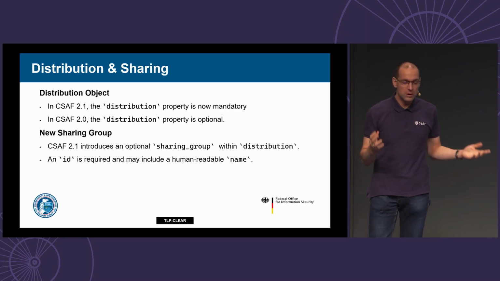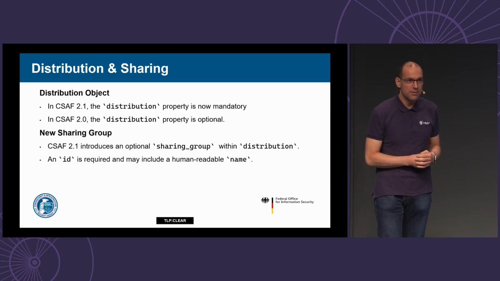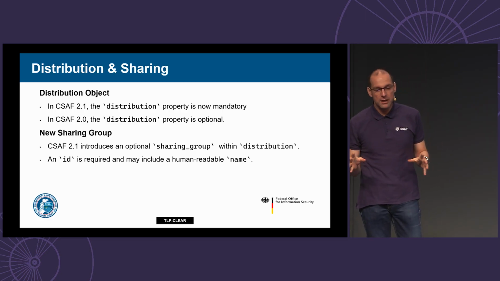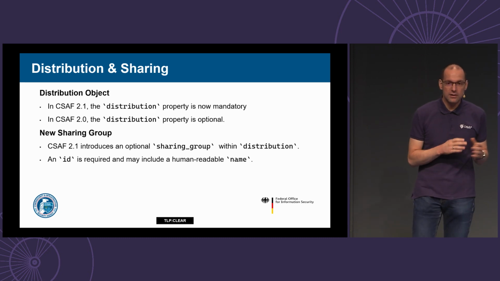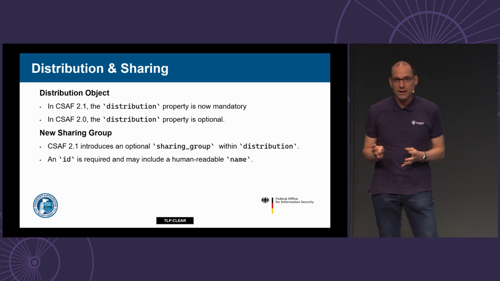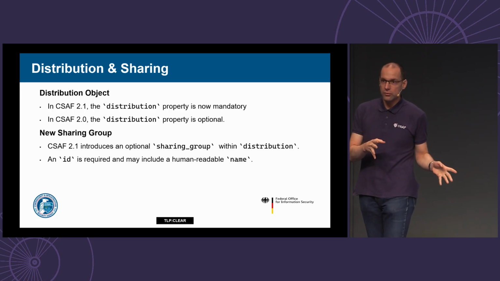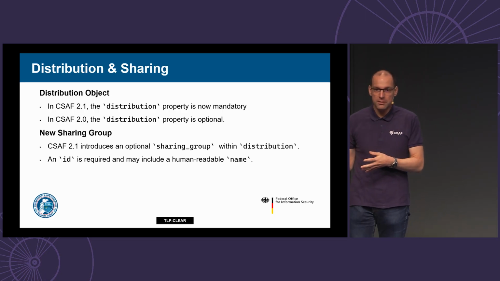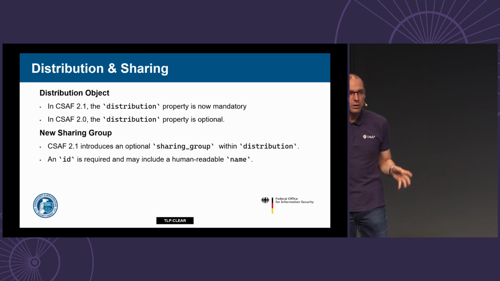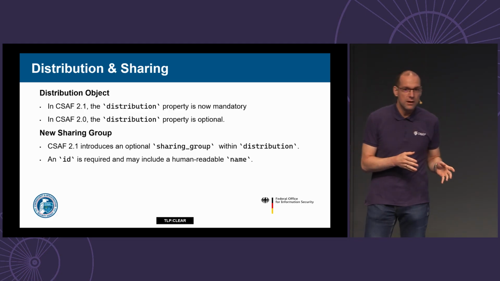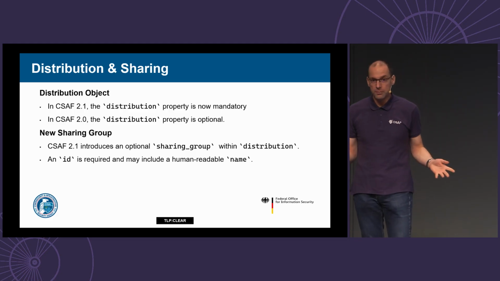And we also did some updates to the document property. One of the major updates is that the distribution field is now mandatory. And if you look into distribution, it's not only that your distribution field is mandatory, but also the TLP. We realized that we heavily rely on TLP for our distribution.